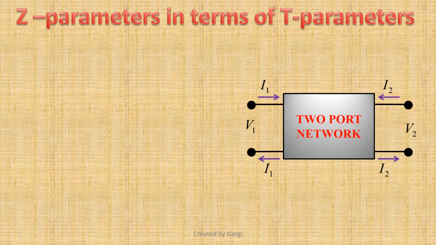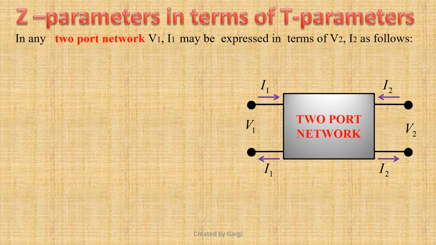Let us derive expressions for Z parameters in terms of transmission parameters. When we describe a two-port network using transmission parameters, we express the input port variables V1, I1 in terms of output port variables V2 and I2.